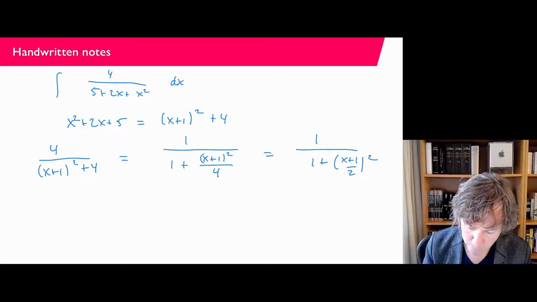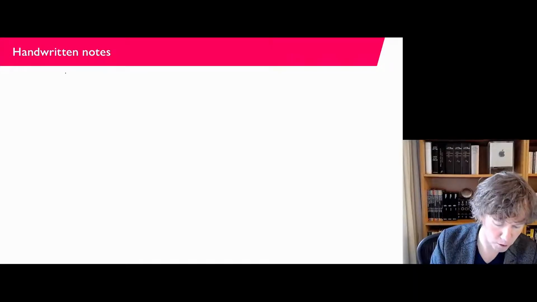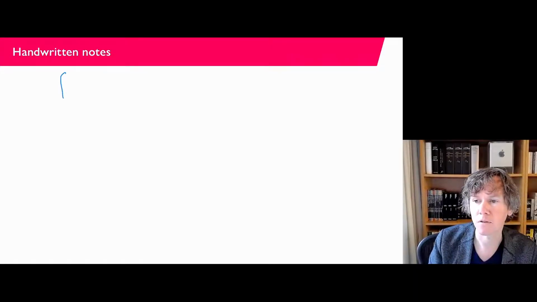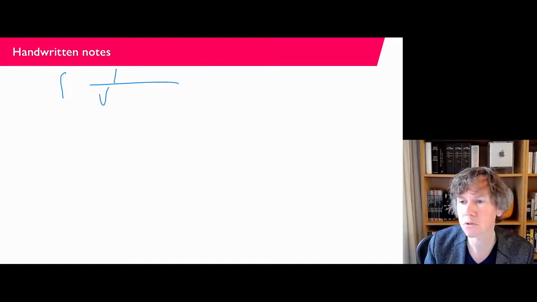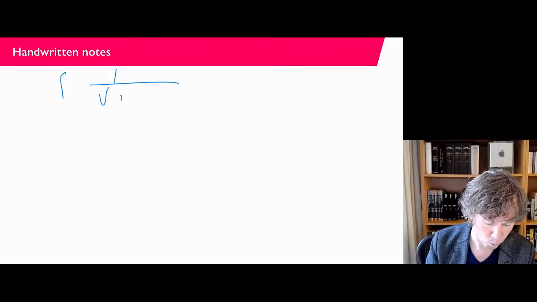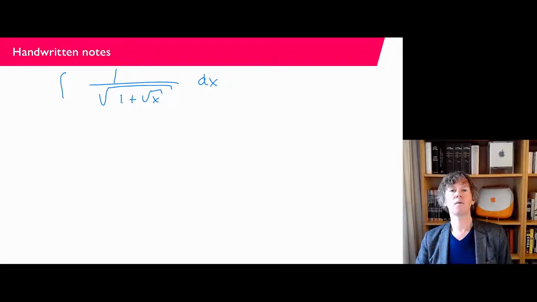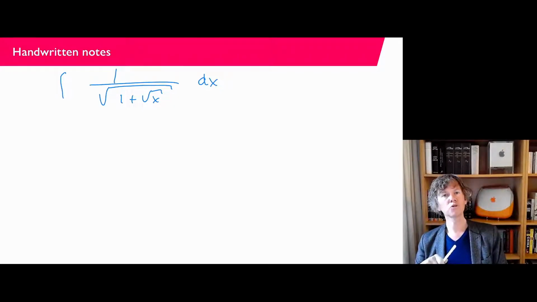So what we have here is now we're being asked for the integral of 1 over the square root of 1 plus the square root of x dx. Now, this one is not immediately clear.